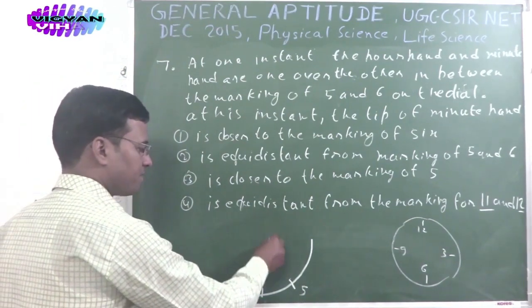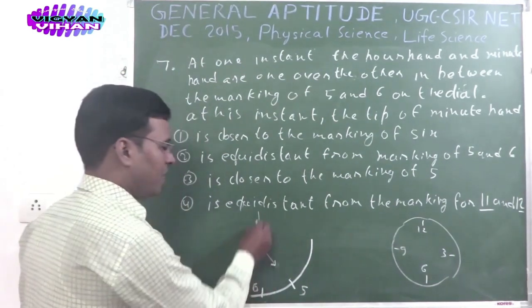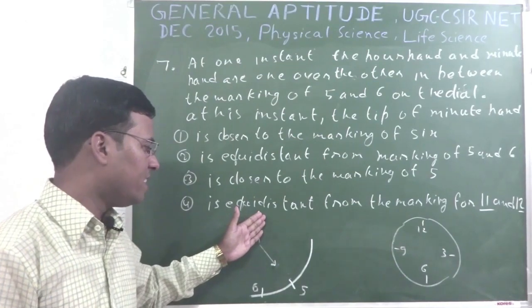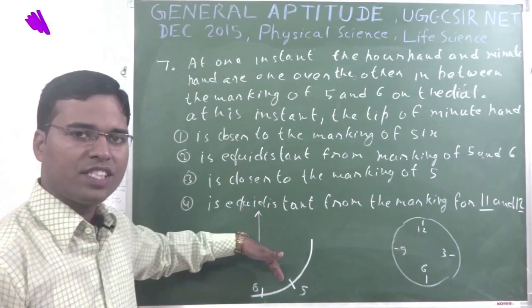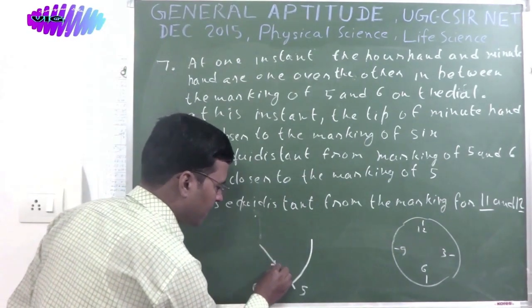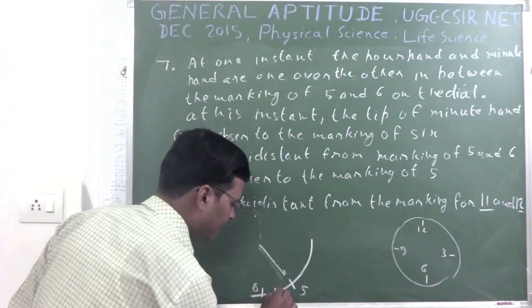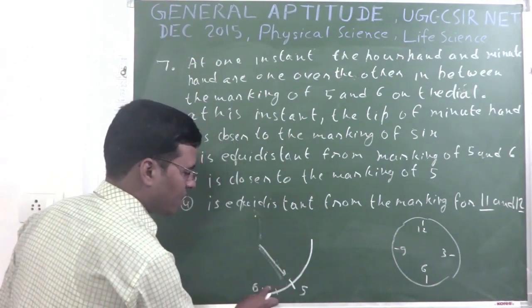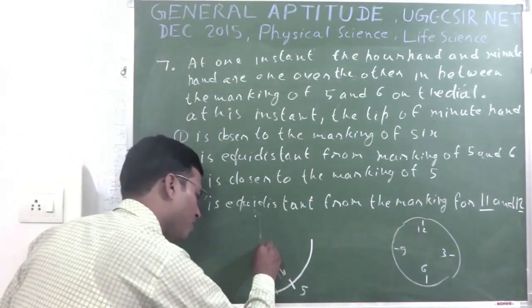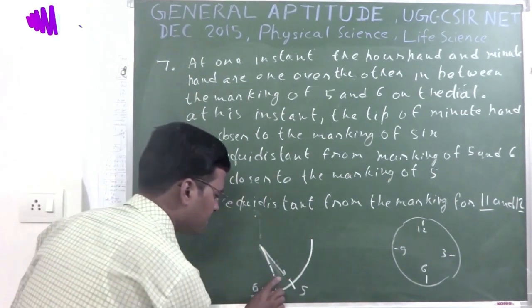So first we see at 5 o'clock the hour hand will be at 5, the minute hand will be at 12. If the minute hand is going towards the number 5, then the hour hand will be shifted nearly to the central area, which is the midpoint between 5 and 6 on the dial. So the hour hand will show it like this.